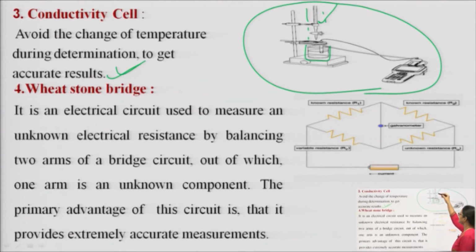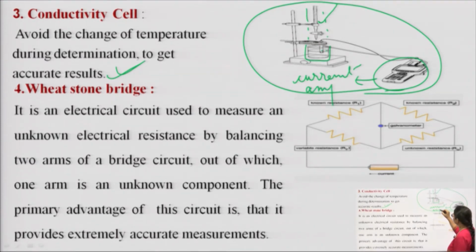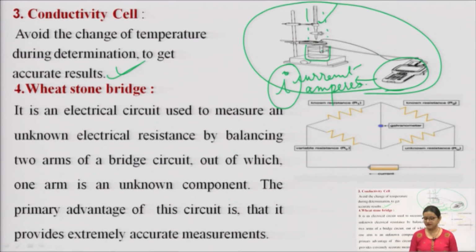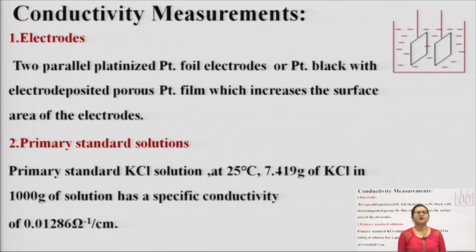This is the titrant being added. These are the two electrodes, and this is the instrument which measures the current generated in amperes. So, this is the total assembly of the conductivity cell having electrodes.